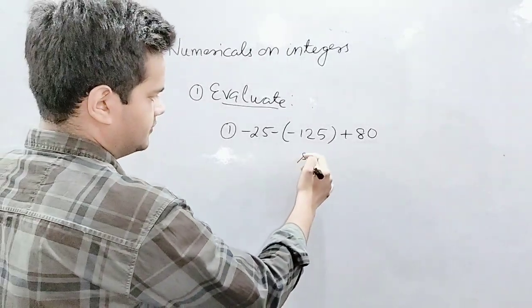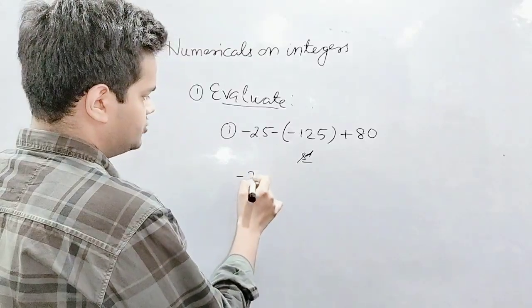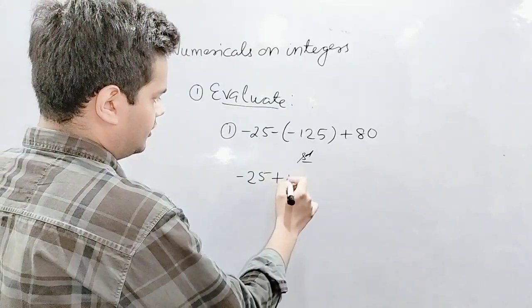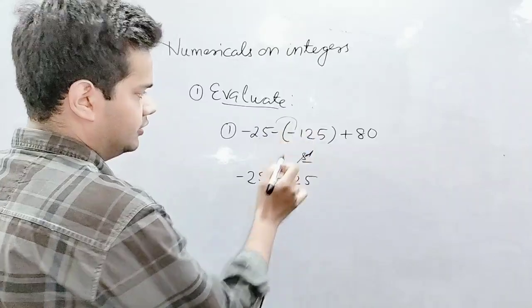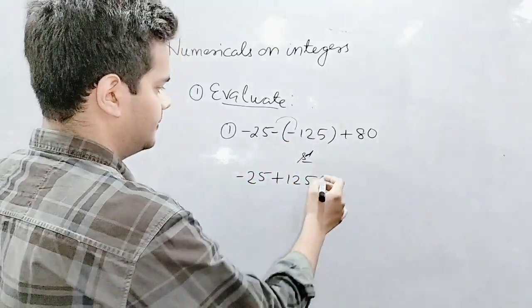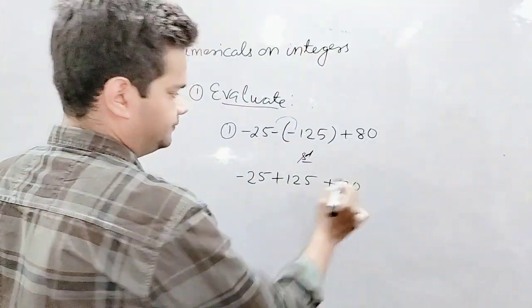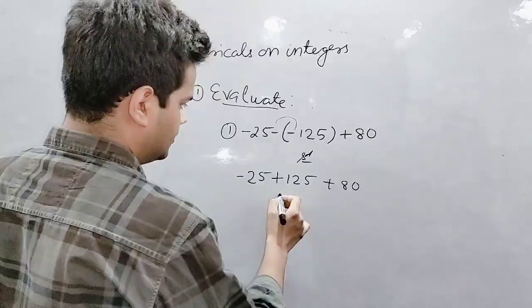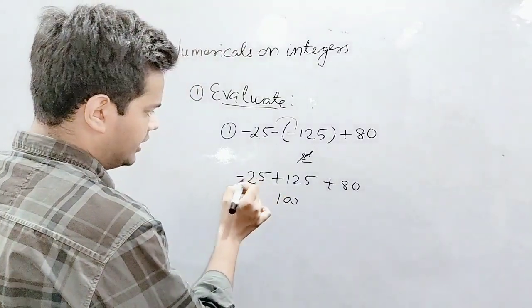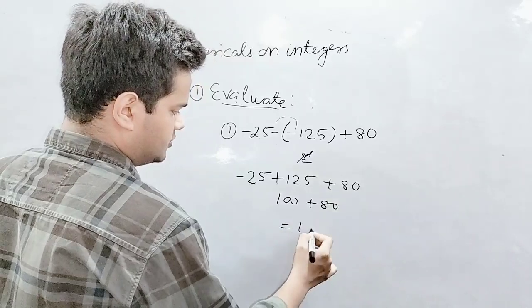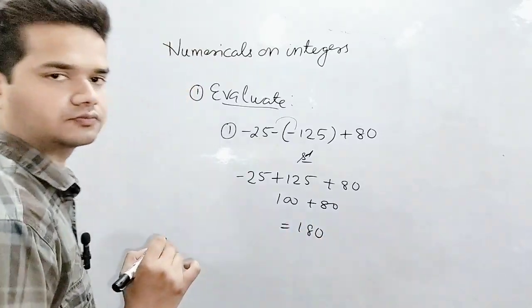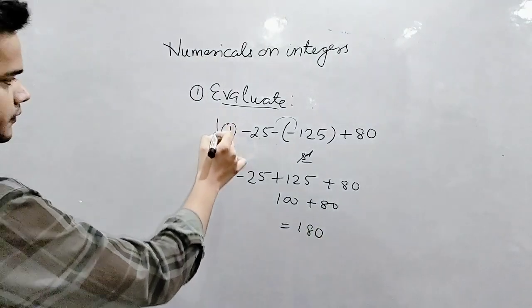So this becomes minus 25 plus 125. If two negatives are together, they will cancel out each other, plus 80. So this becomes 100, minus plus minus होता है plus 80. So this becomes 180.